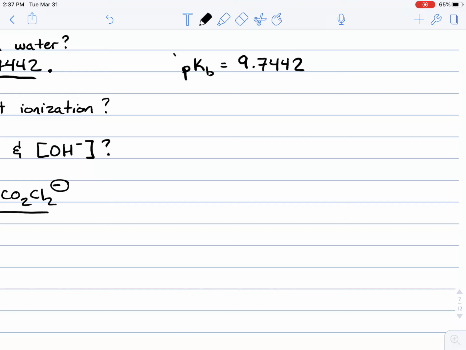Remember that if you P anything, and I'm talking about the letter P, then what you're doing is taking the negative log of that specific value. So pKb is the negative log of Kb.